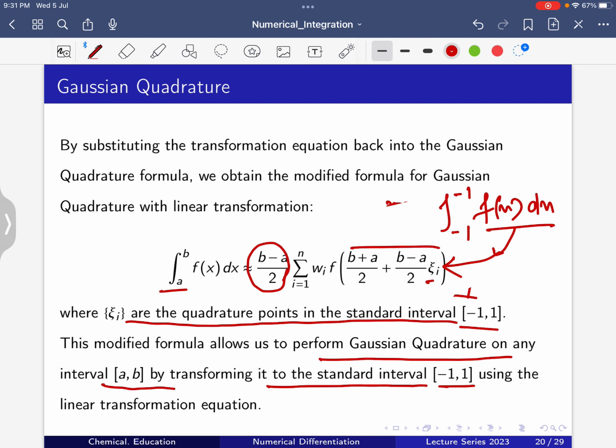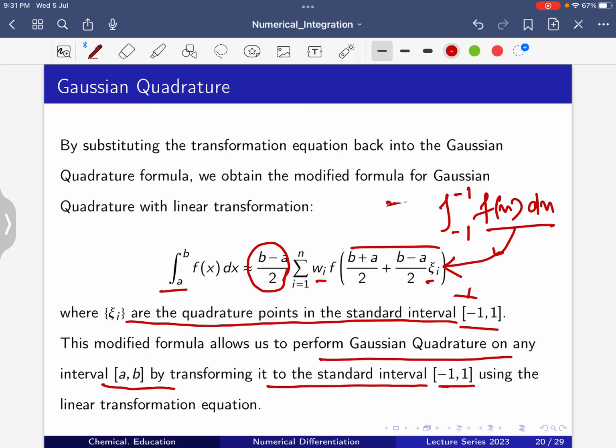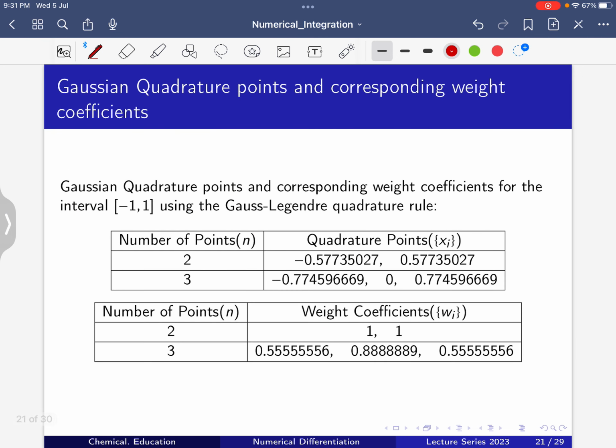Now what are the point values, w_i and zeta? There are many numbers of points we can take, but here I am giving only the 2-point formula and the 3-point formula.